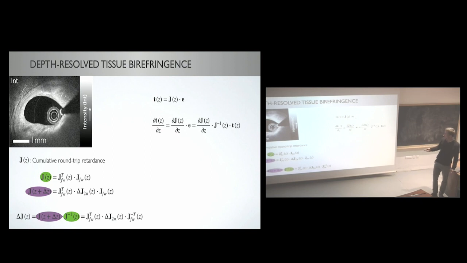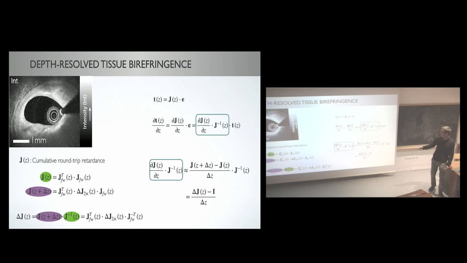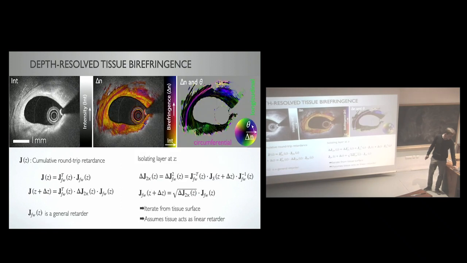This is independent of depth, but can be expressed as the inverse product of J with T. So you can now relate the variation of the polarization state to itself times this differential matrix. And that differential matrix, if you now discretize that, you find that's exactly the expression we're looking at here. So in other words, what we're looking at is the depth derivative of our round-trip Jones matrix.